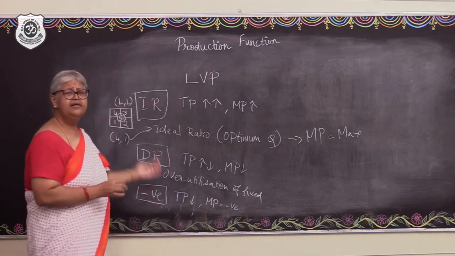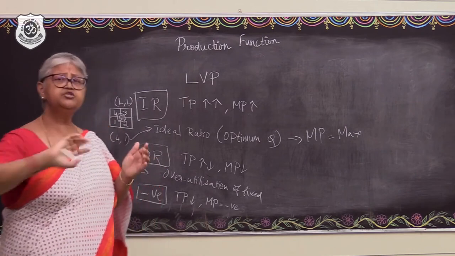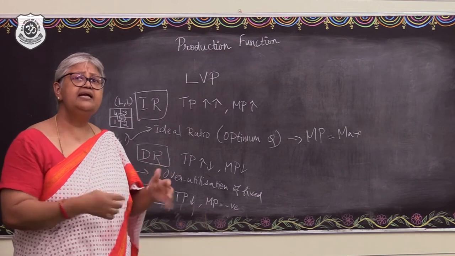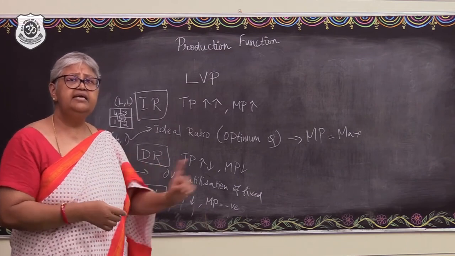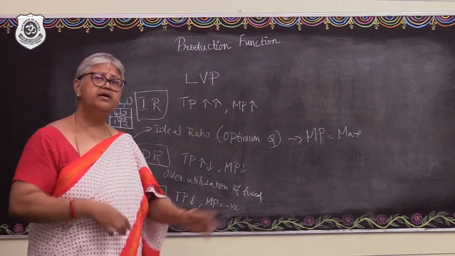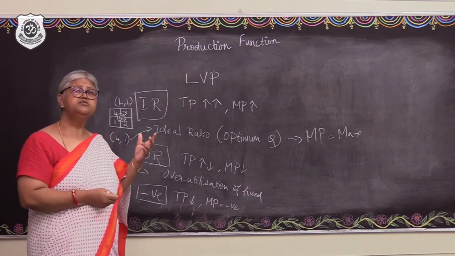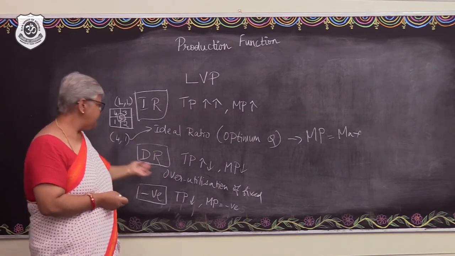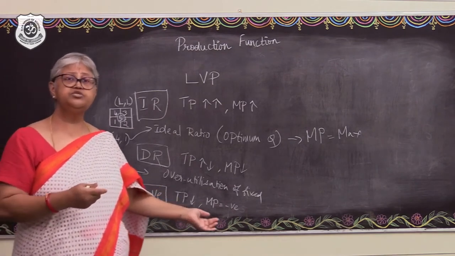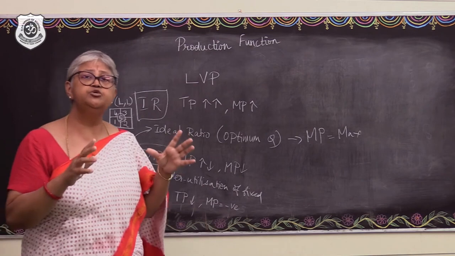All this while, the fixed factor for the entire production process remains fixed, and increased output was gained by increasing the dosage of the variable inputs. 1, 2, 3, 4, more and more variable inputs, and more total product was possible. Still, a few more variable inputs, that becomes a poor substitution.